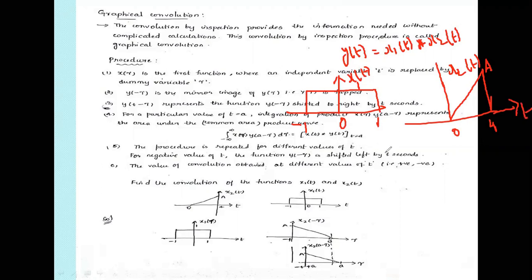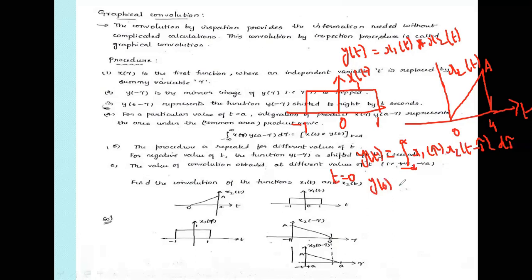Now, what is the formula for the convolution? Integral from minus infinity to infinity, x1 of tau, x2 of t minus tau, d tau. Here t is the variable, the y of t. I need to find it at t equal to 0.